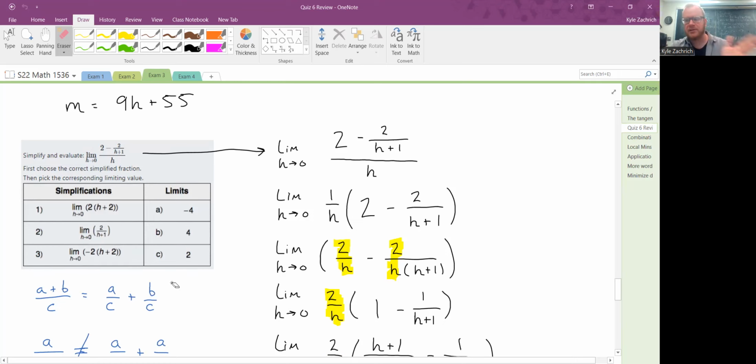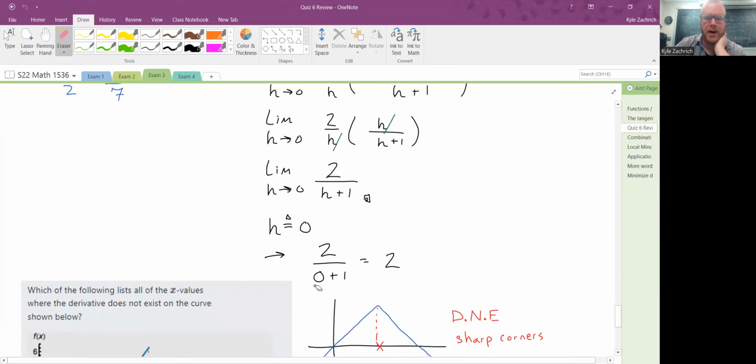And then, thankfully, once you've simplified it, you're allowed to plug in h equals 0. Then you would get 2 divided by 0 plus 1, which is just 2 divided by 1, or just 2.